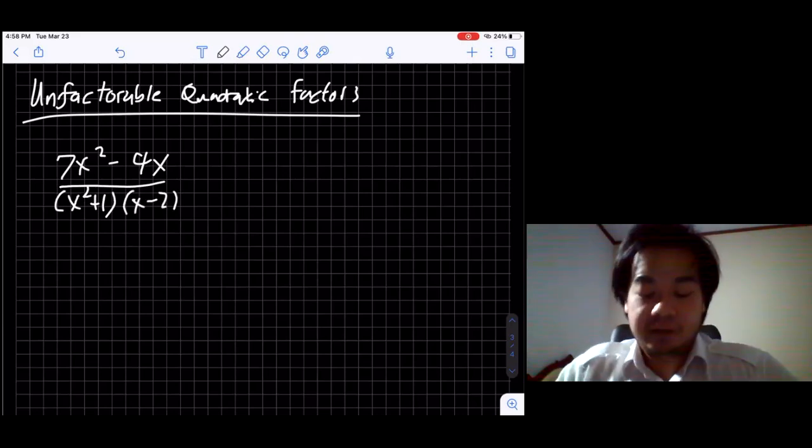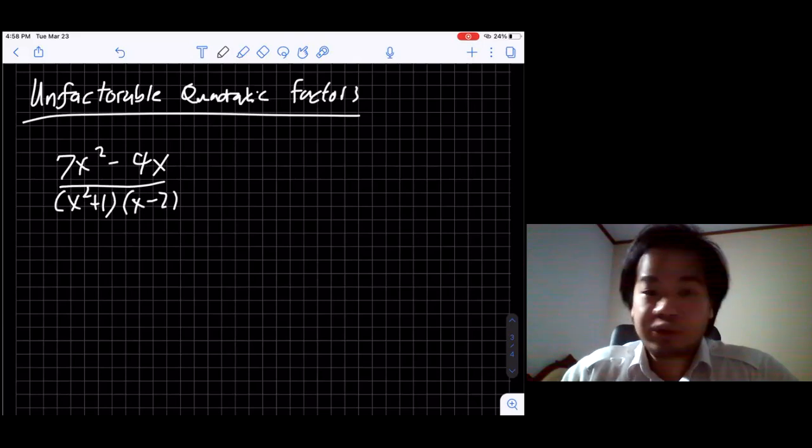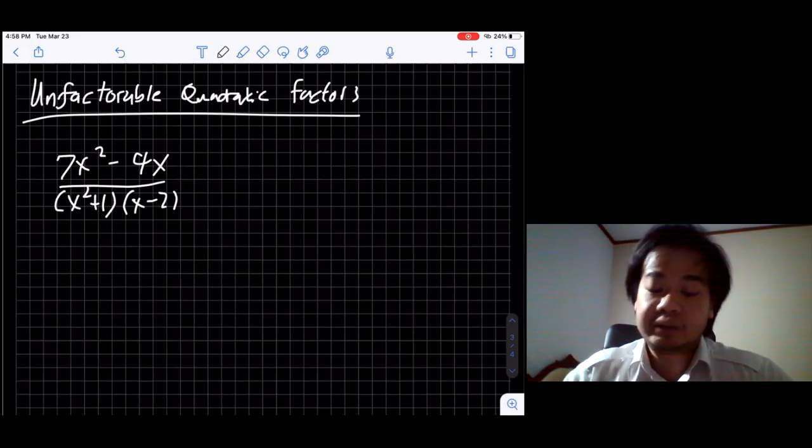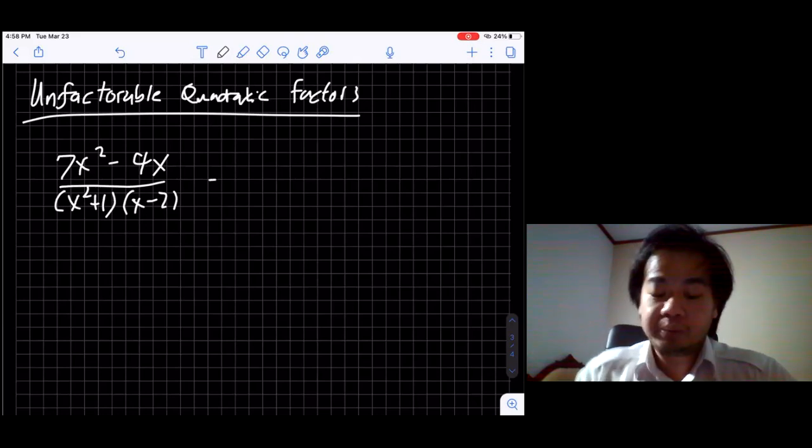Realize here that x squared plus 1 is unfactorable. It's already a prime polynomial. You cannot factor it into other factors. So what you should do if this happens, you can still split it into two smaller fractions.